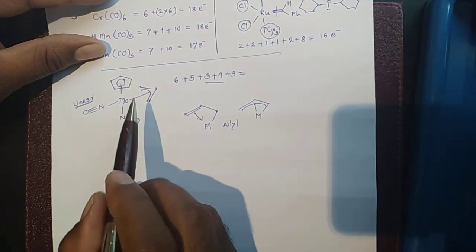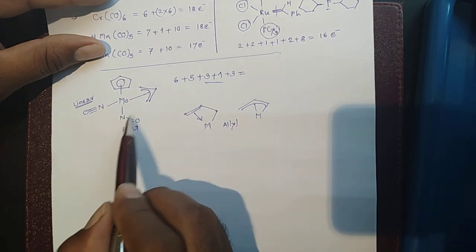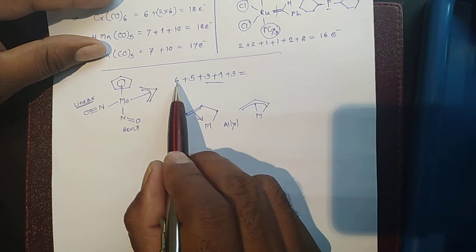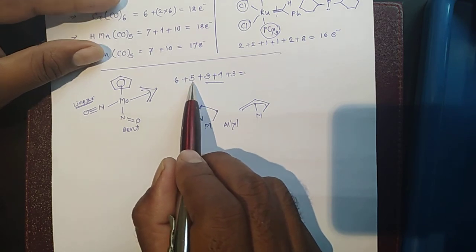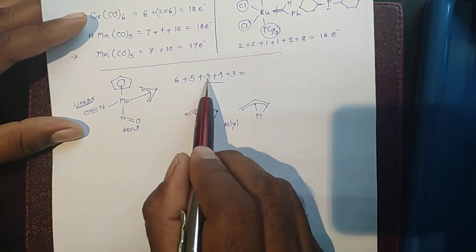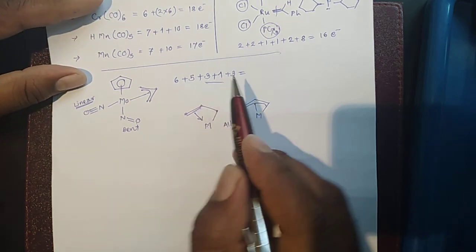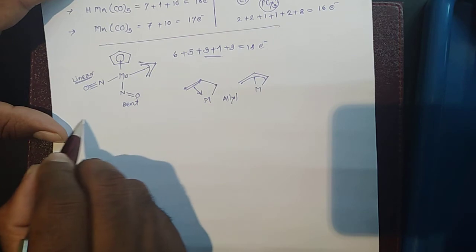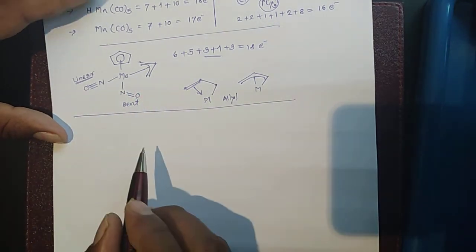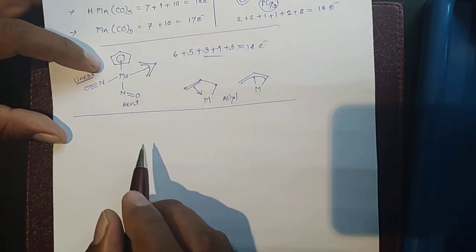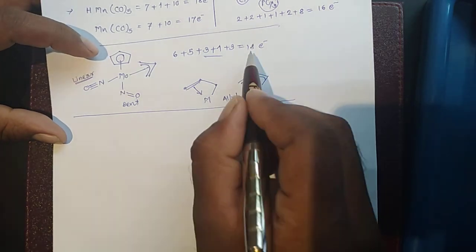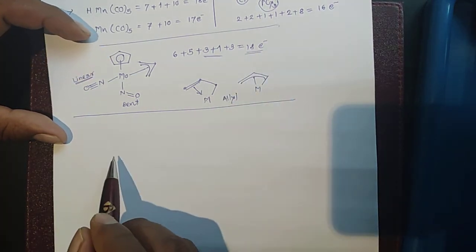So I think we have finished: 6, then 5 is 11, 14, 15, and 3 is 18. So this type of organometallic complex or compound obeys the 18 electron rule.